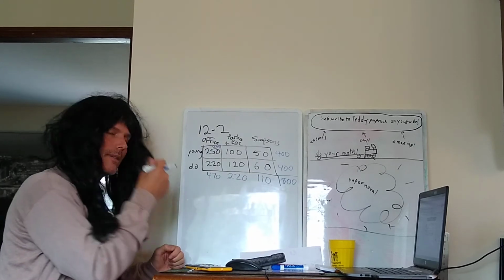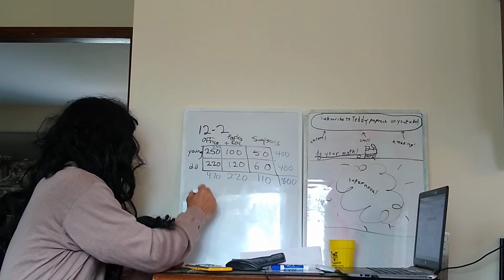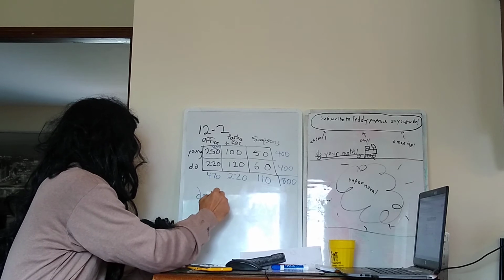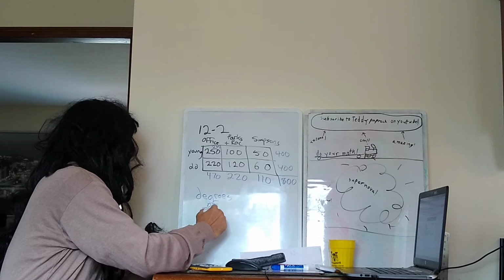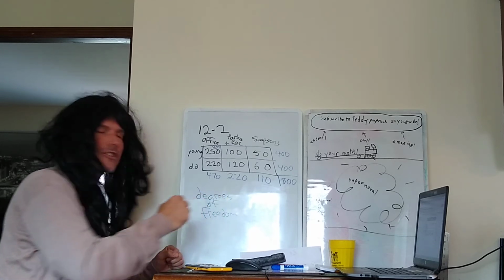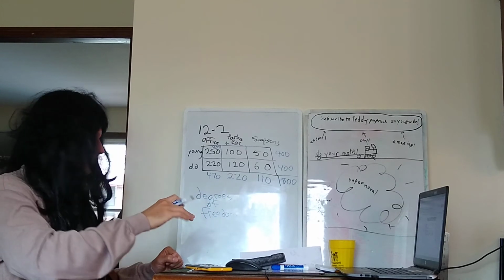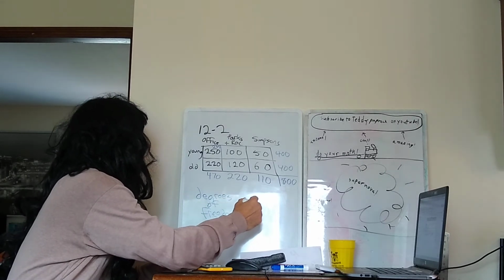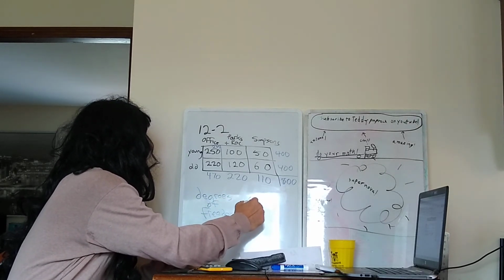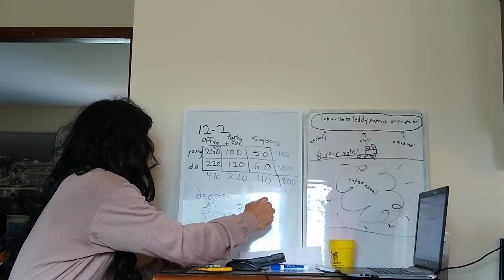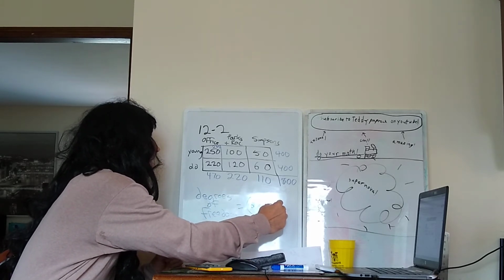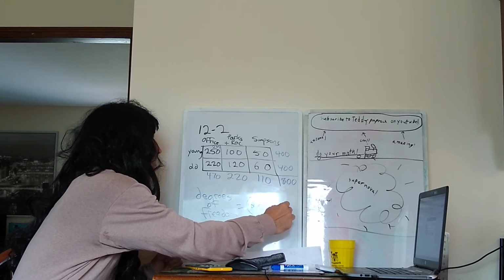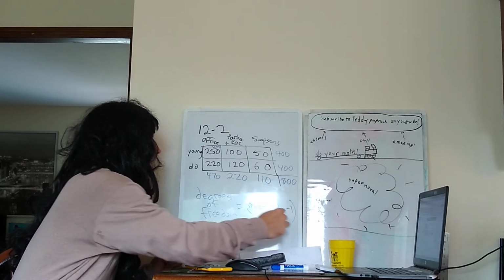Let's write out the degrees of freedom, because remember, this is going to tell you which chi-squared distribution to use. You take the number of rows minus 1 times the number of columns minus 1.